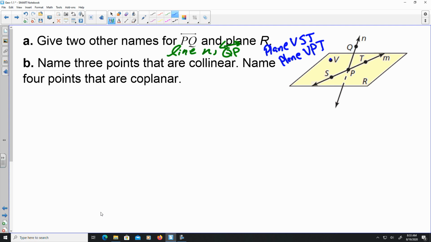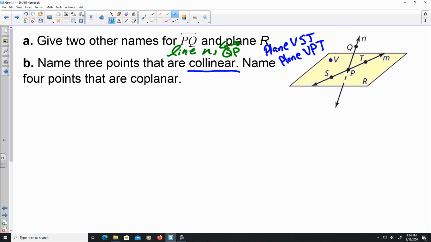The next example says name 3 points that are collinear. You'll hear this definition quite a bit. Collinear means all the points that are on a line.